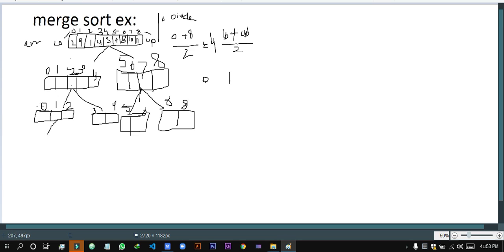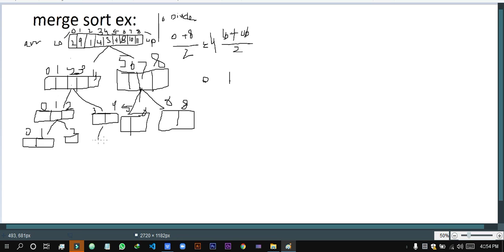Dividing from lower bound 0 to 2, divided by 2, our middle position is 1. Okay, 0, 1, and the second element is 2.